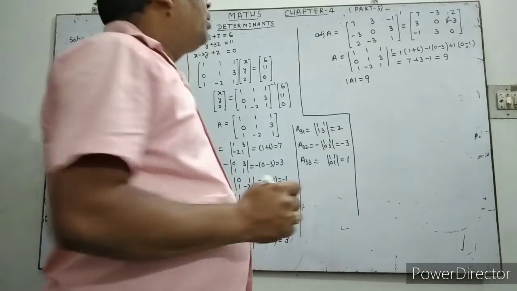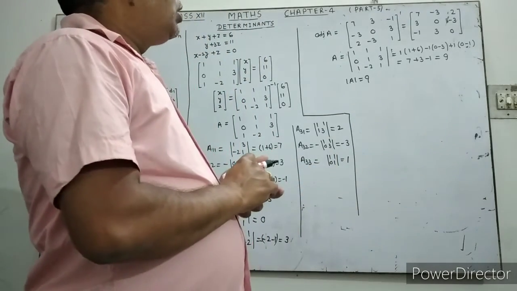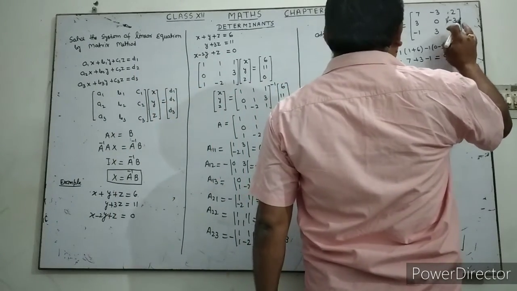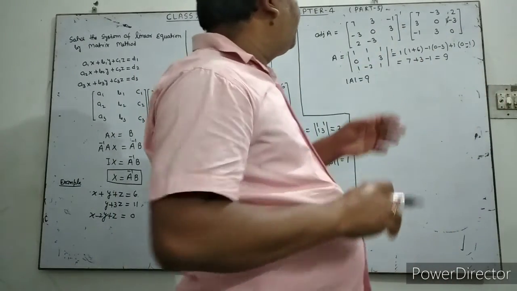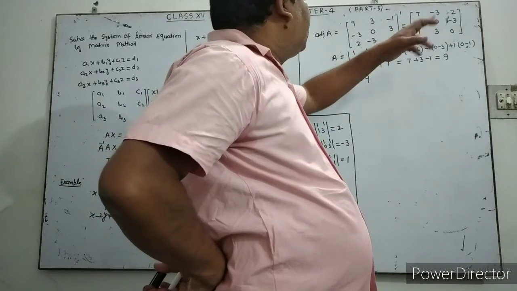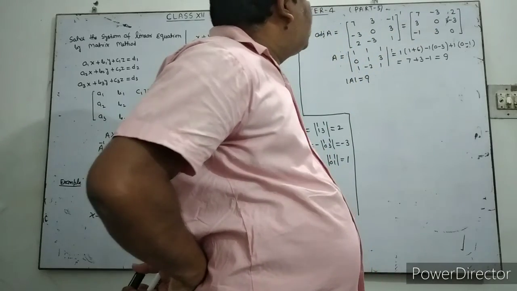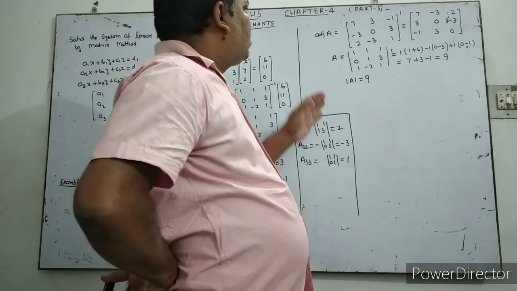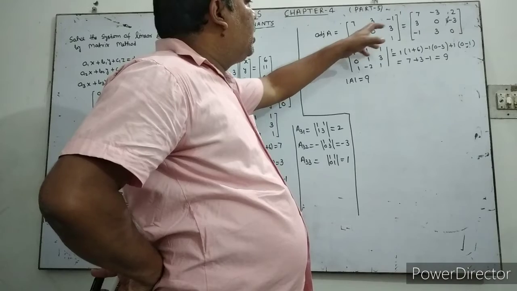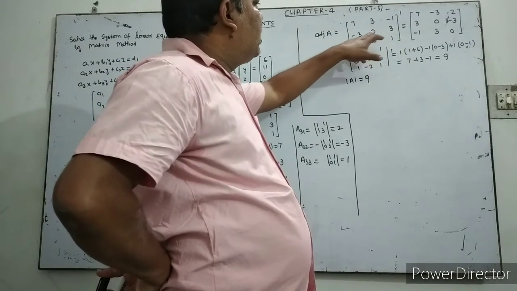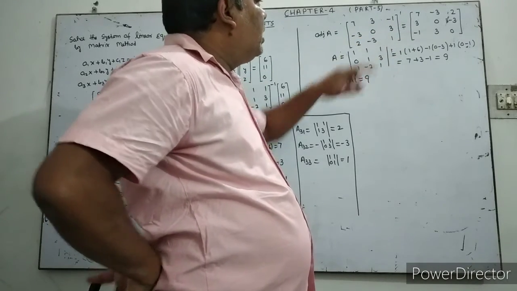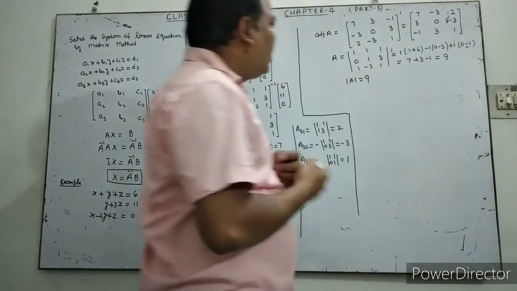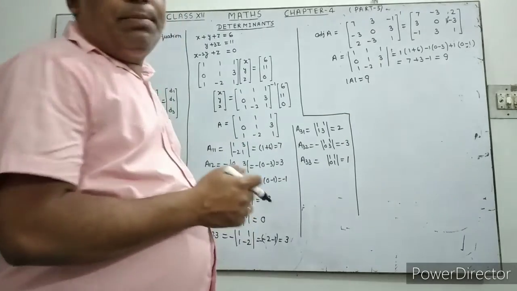Then 2 minus 3, third row and third column. Adjoint A, first row 7, 3, minus 1, minus 3, 0, 3, 2, minus 3, 1. This is the value of adjoint A, and this is the value of determinant A.